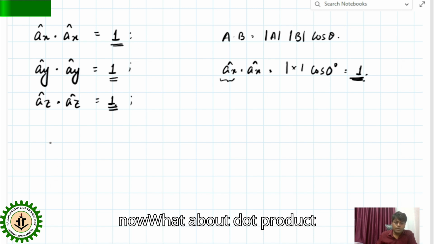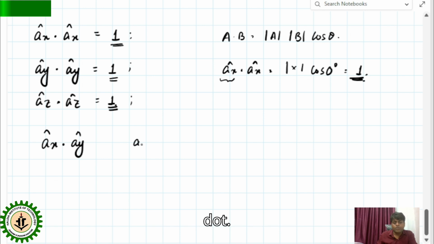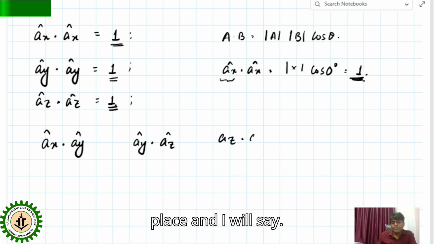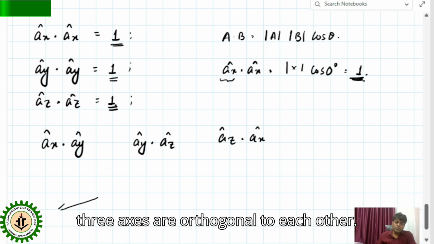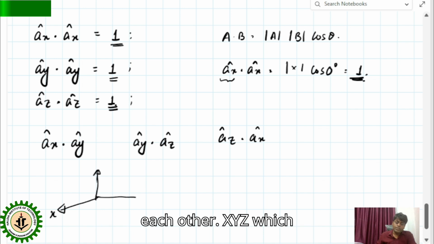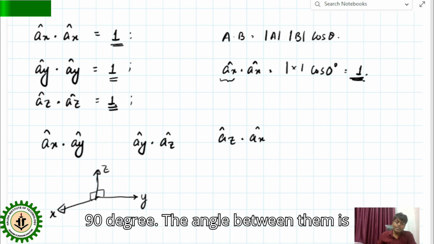Now what about the dot product between two dissimilar unit vectors? Let me write all the equations in one place. We have already studied that all the three axes x, y, z are orthogonal to each other, which means the angle between them is 90 degrees.